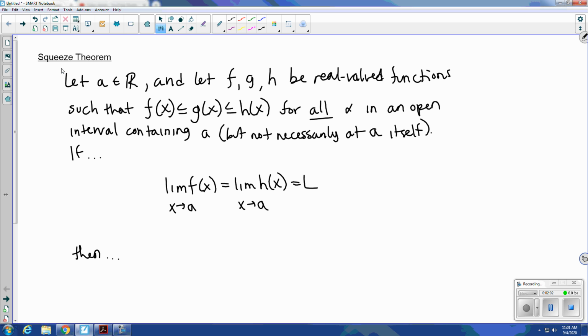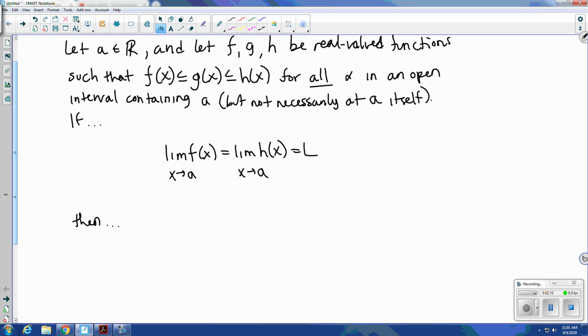So along this interval, we're able to determine that the limit of f and the limit of h were the same thing. So I think it would be natural to assume, and you would be right, that given this condition, where f and h reveal the same limit and g is squeezed between them, then the limit of g as x approaches A should be the same as the limit for f and h. That is the squeeze theorem.